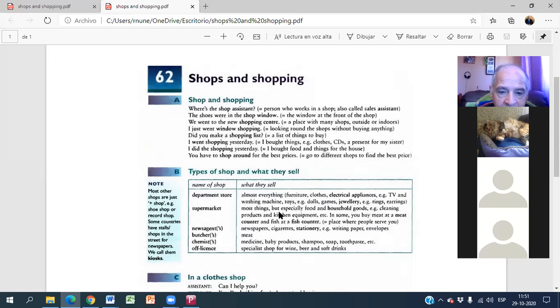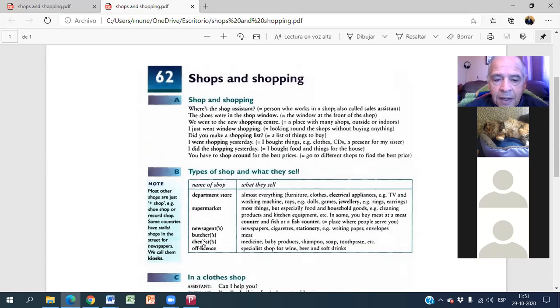Here I was talking about supermarket and then news agent. News agents are the kiosks, right? So you can buy there newspapers, cigarettes, things for writing, like writing paper, envelopes, etc. At the butchers, you buy meat. Nowadays, we don't have butchers anymore. I would say mainly on hills here in Valparaiso, you have butchers, but normally you buy it at the supermarket.